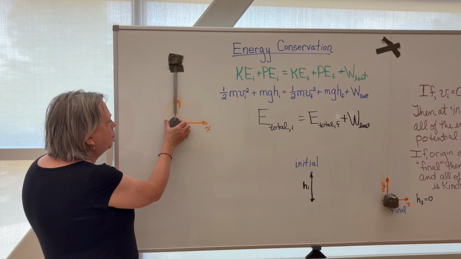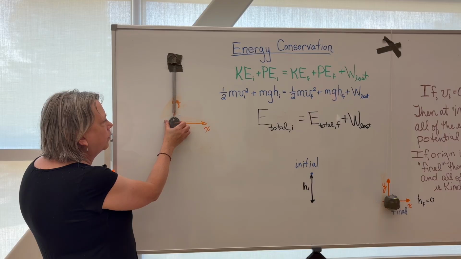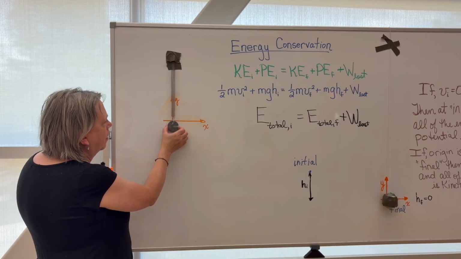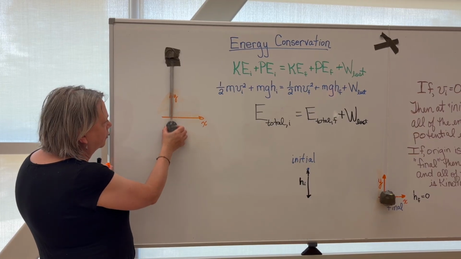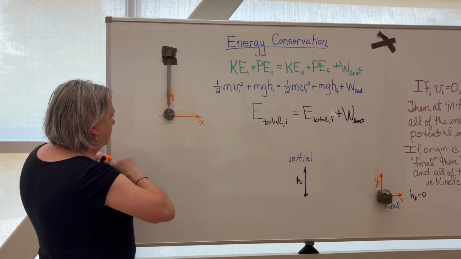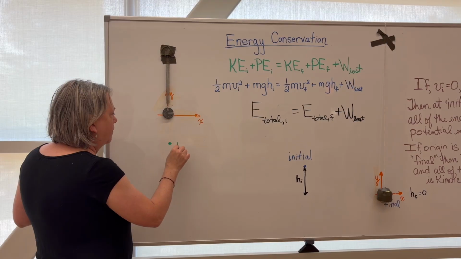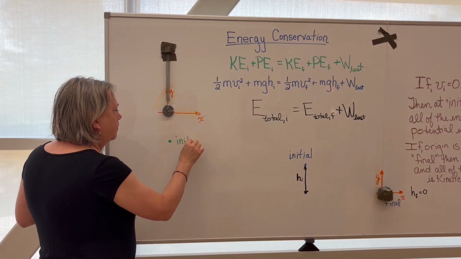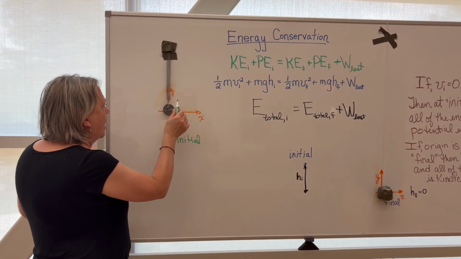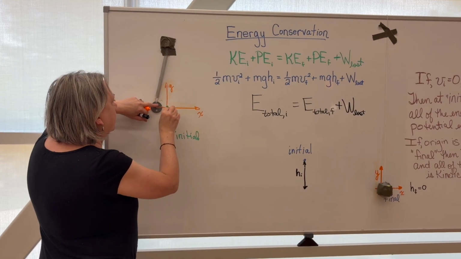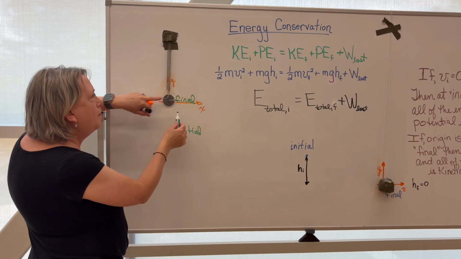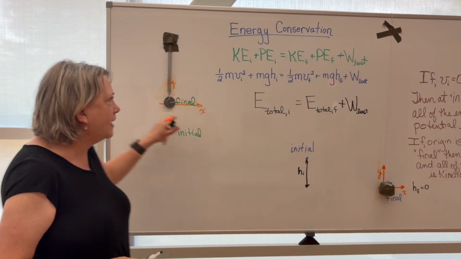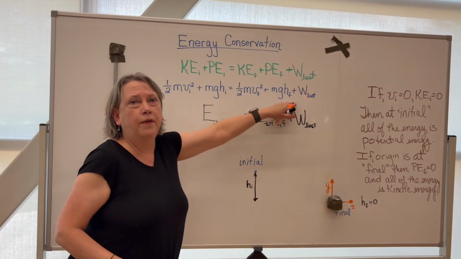All right, since I put my origin here at equilibrium, let's suppose I'm going to take this as my initial and this as my final. So if I decide this is initial and this is final, that means the final height is 0.